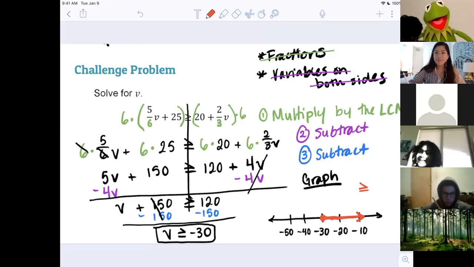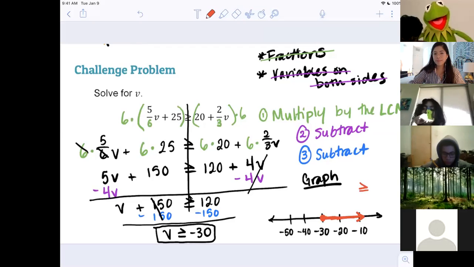Miss, I'm confused by the 6 times 5 over 6. Okay. Let me do that again. So when you have a whole number times a fraction, you multiply by the top number, and then you divide by the bottom number. So I'm doing 6 times 5.